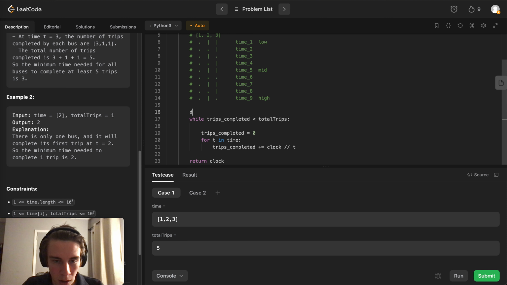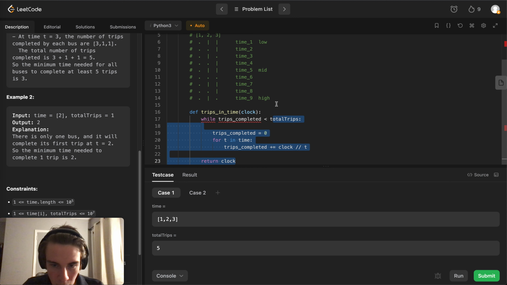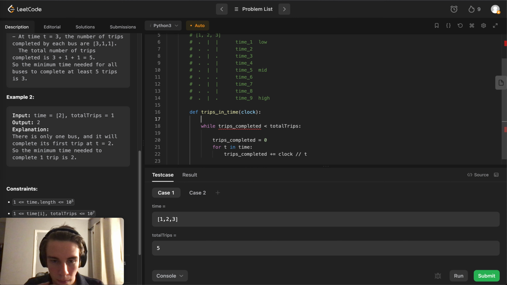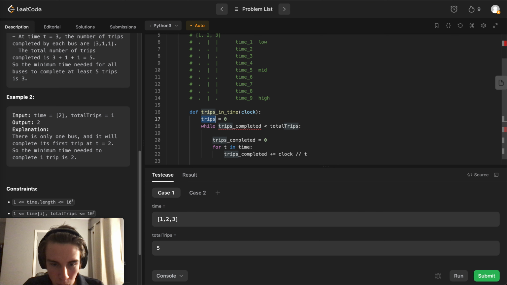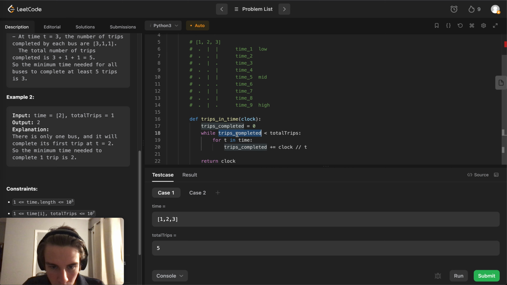Let's have def trips in time. Here we're going to pass the clock that we defined earlier, and then simply say trips in time, trips is equal to 0. Trips completed. Trips completed is equal to 0. We don't need this guy here because we're only doing this once.